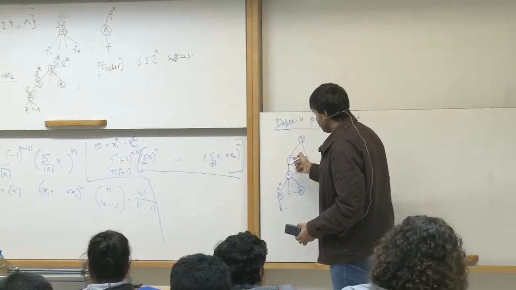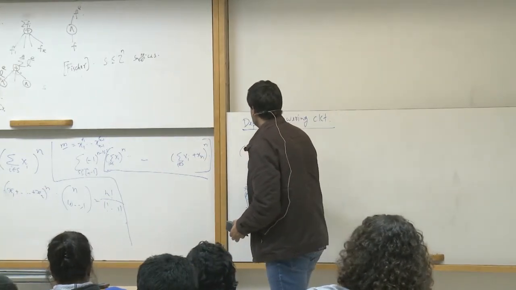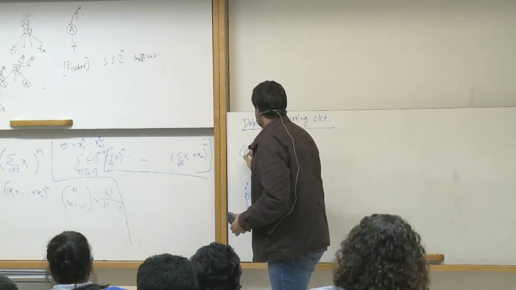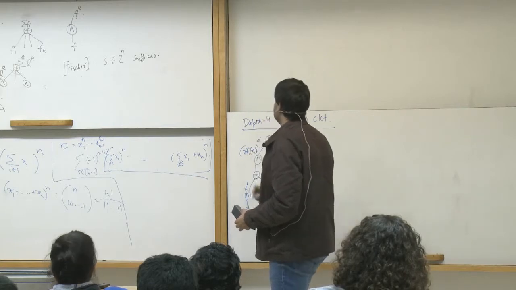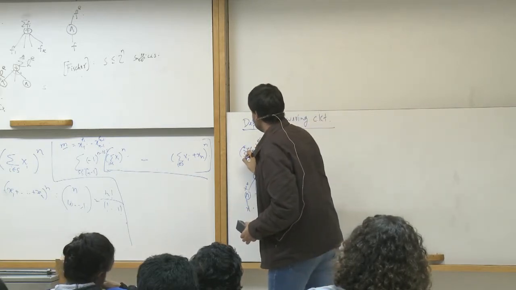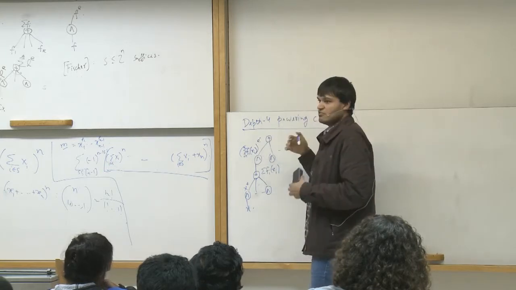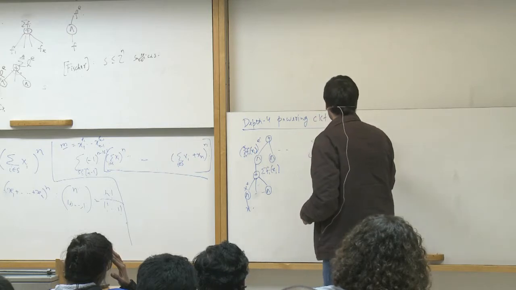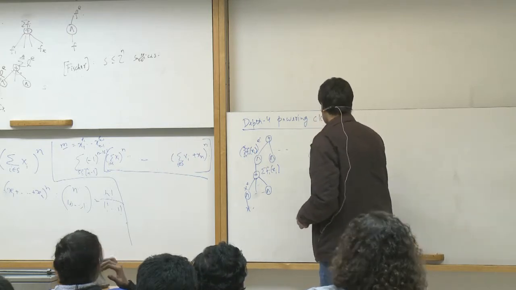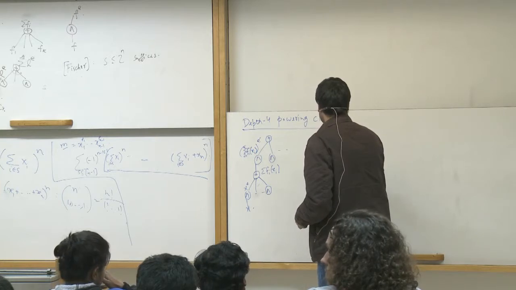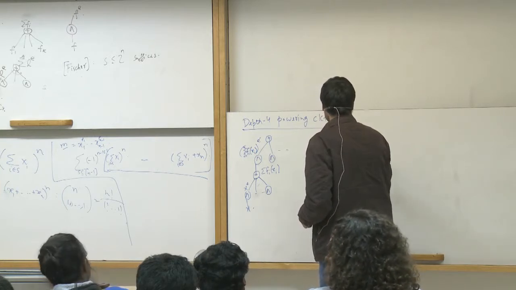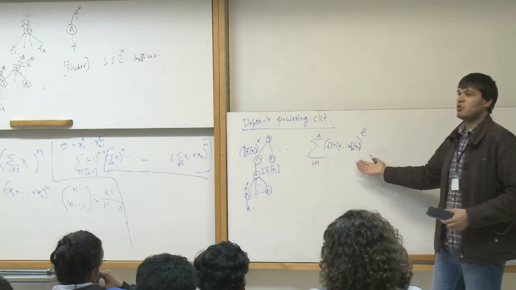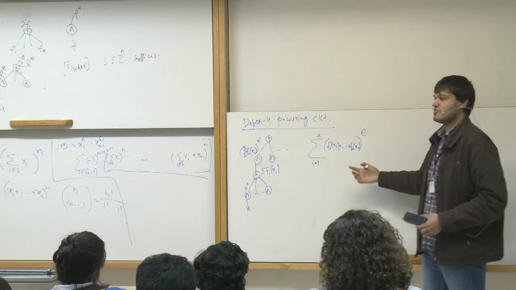Then there is a layer of power gates, so it powers this to some power e prime. And then finally the output gate is a sum gate. So the output looks like a sum of powers of sums of univariates. This is the polynomial outputted by such a circuit.